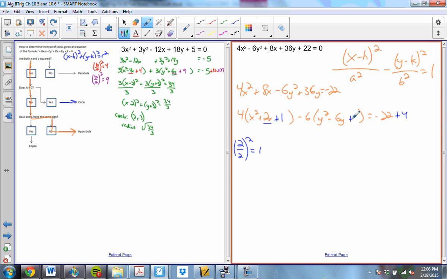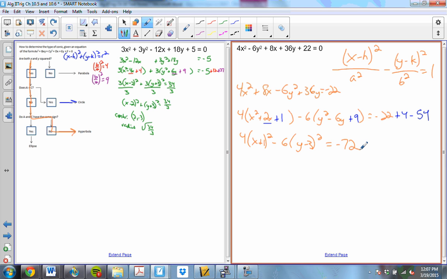And I'm going to add a 9 here, which is really a negative 54. Now I'm going to complete my square. Back to orange. 4 times x plus 1 squared minus 6 times y minus 3 squared equals negative 18 minus 54, which is negative 72.